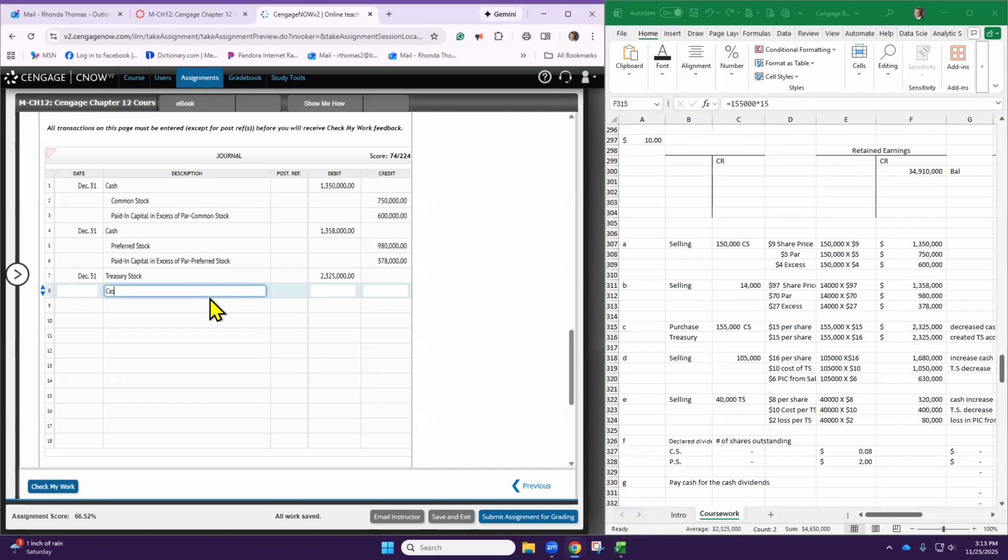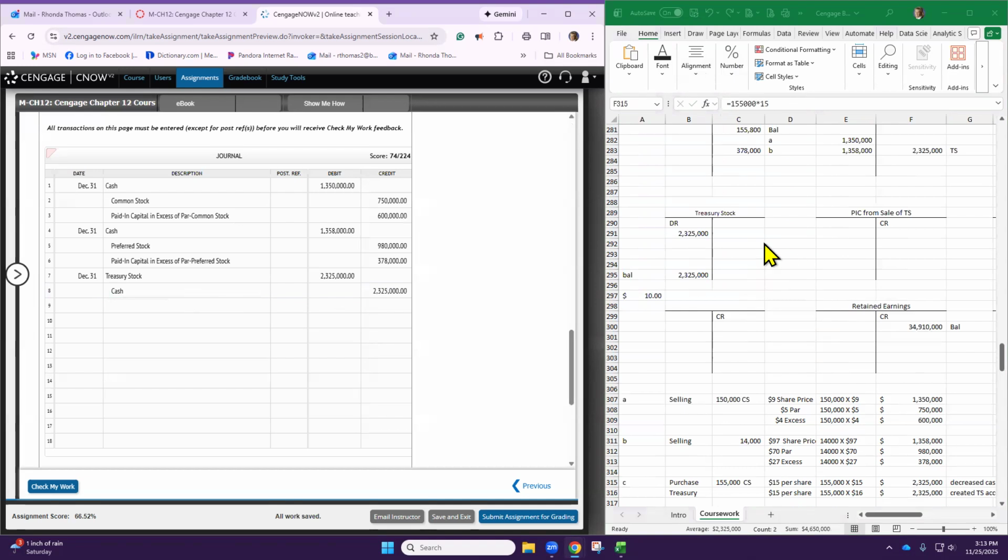So then cash is going to go down for the amount for buying those shares. Now, above the treasury stock account, I am going to put the amount we paid for them. So $15 is its cost. And once again, we bought 155,000 shares. Okay, so that goes with that.